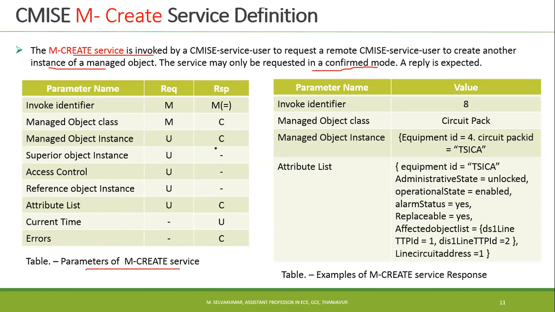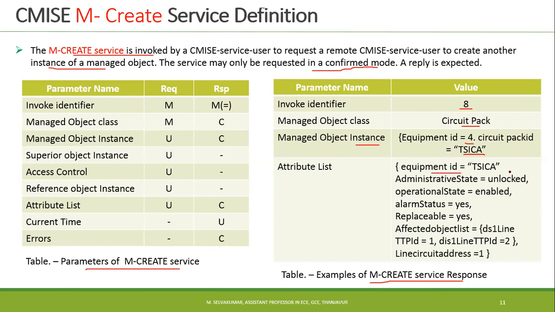If error, this comes under the errors, right? So these are examples of the M-create service. The attributes that are going to be created are given in the example in this table. Invoke identifier Q8. We have to use the circuit pack and the managed object instance. We are using that equipment ID, circuit pack ID, TSICA. So the equipment ID comes in two places, for the attribute list and also the instance.